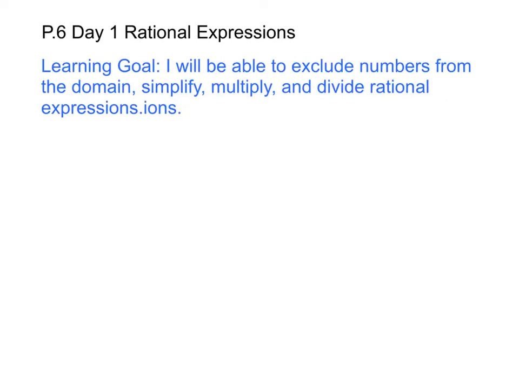All right, so let's start by what is a rational expression. A rational expression is an expression that can be written as a fraction. And because of that, we know the rule is we must exclude numbers from the domain that will make your denominator 0. So for example, here's my rational expression.